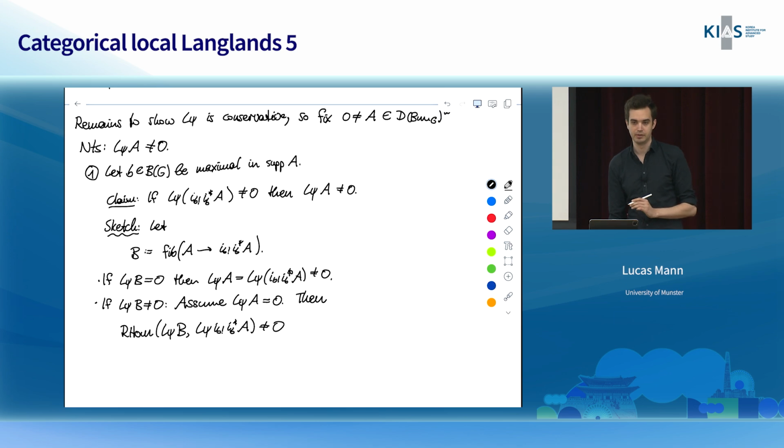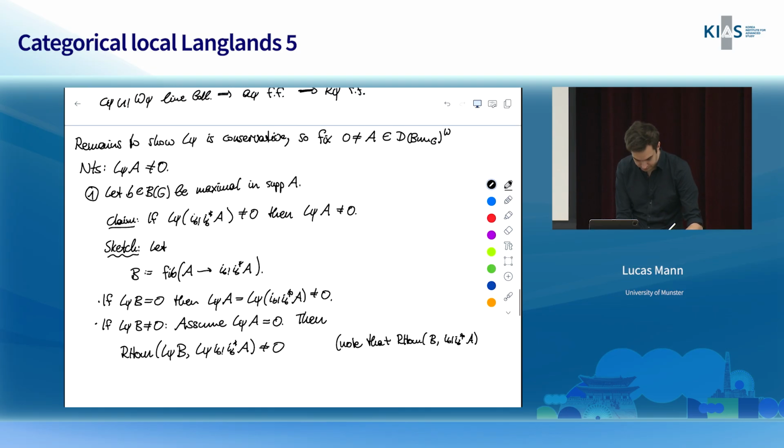And so in particular, there must be a non-zero map. But this looks really weird, because there is no homomorphism from B to i_B lower shriek i_B upper star A, because B is supported on the smaller things. And so there cannot be such a map, by the usual semi-orthogonal decomposition. So this map doesn't exist. And if we hope that L psi is an equivalence, then this map here also cannot exist.